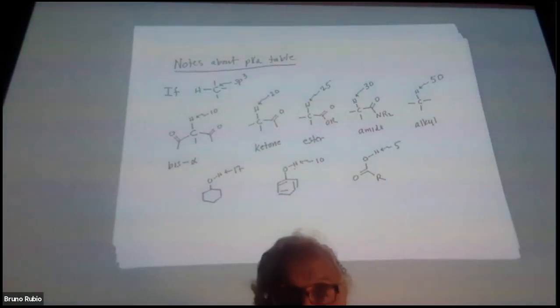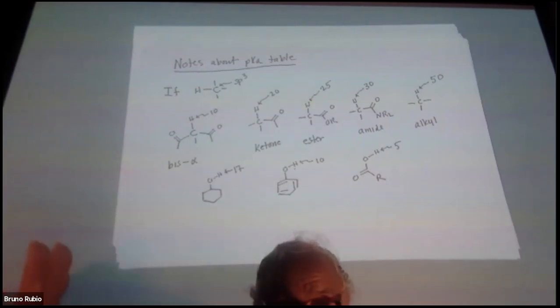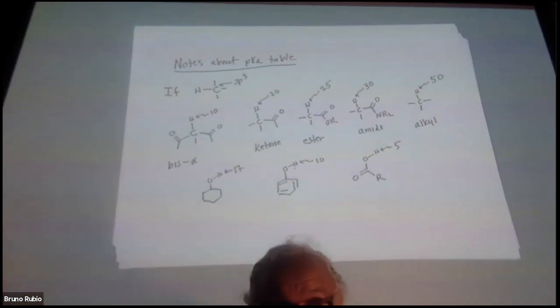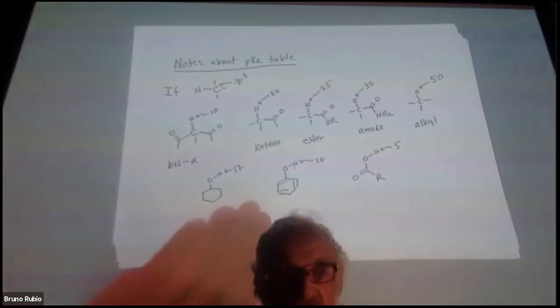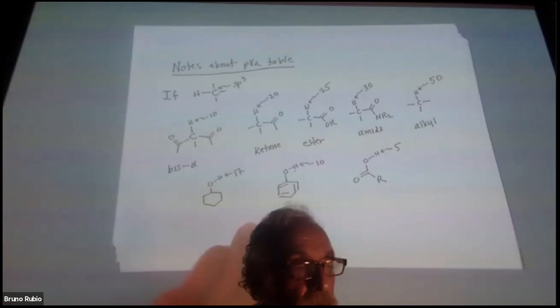So just like we have a diversity of sp3 carbon-hydrogen bonds with a diversity of acid strength, we have a diversity of OH bonds with a variation as well of the acid and base strength. All right, so this is one of the things that we can do with that pKa table, and with pKa's we can find the most acidic proton in a molecule.